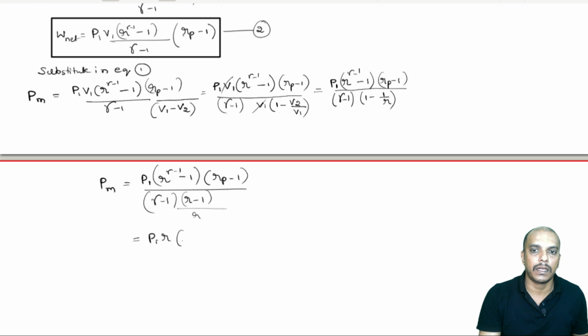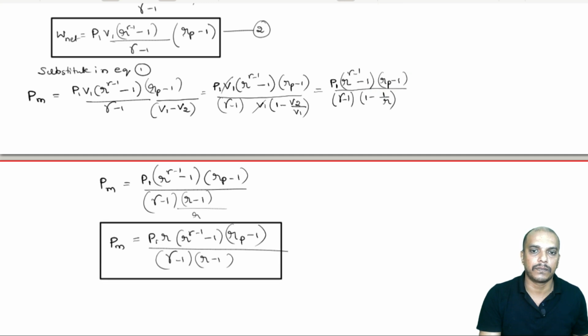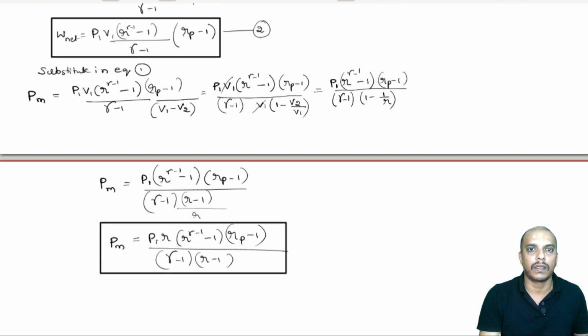So P1 R power gamma into RP minus 1, divided by gamma minus 1 into R minus 1. That is the expression for mean effective pressure in an Otto cycle. So let us take a few problems on the Otto cycle in the next video. Thank you.